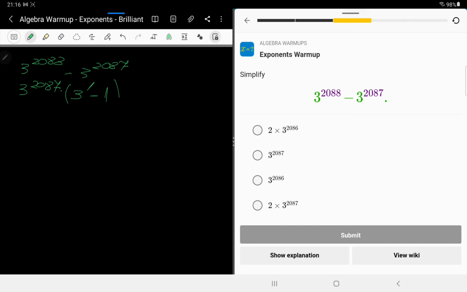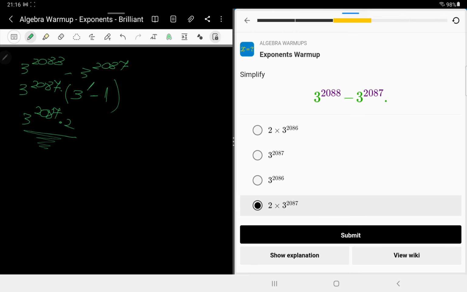And minus 1. So this is going to be 3 to the power of 1, which is 3, minus 1. This is going to be 2. So that's 2, so 3 to the power of 2087 times 2.